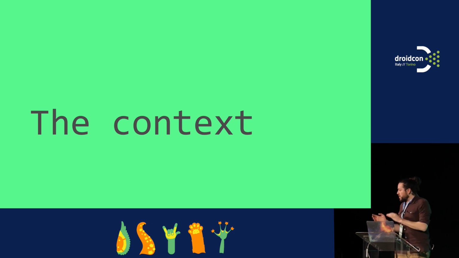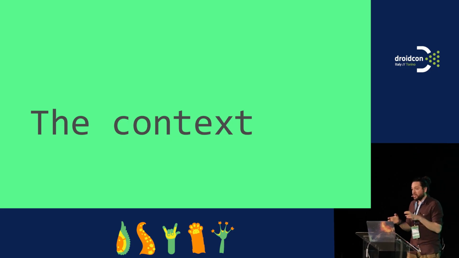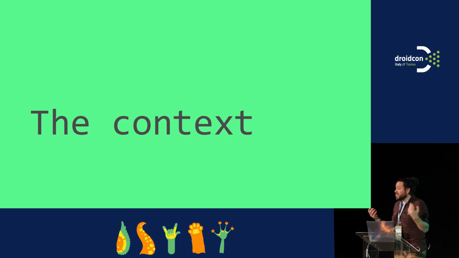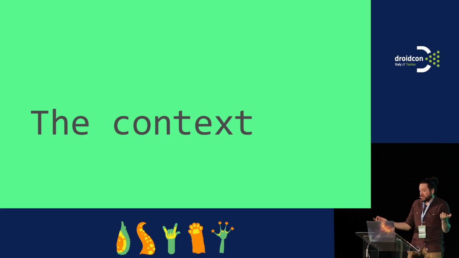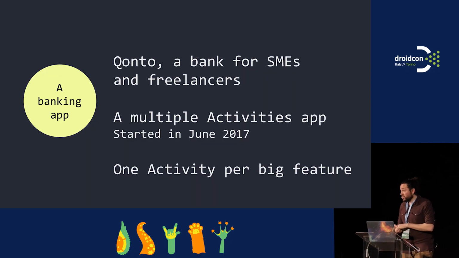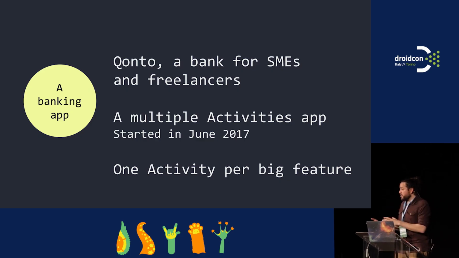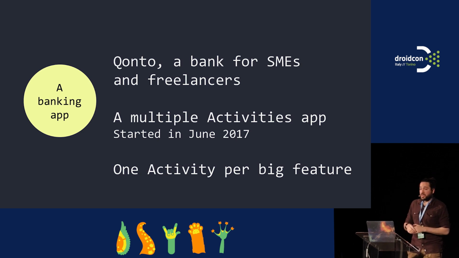Now, to go a little bit deeper, I want to tell you about the context of how I learned and what was the problem I had to solve and what was the context of the application I worked on before. I used to work at Conto, which is a banking service, mainly for companies. And the paradigm that had been chosen was that we had different activities, and each activity is actually an entry point for a feature.